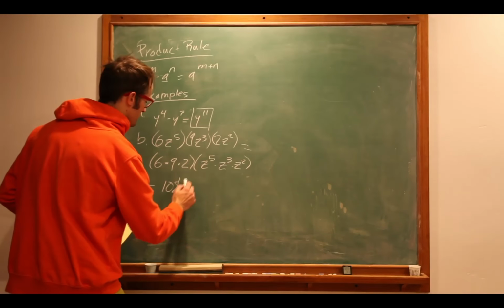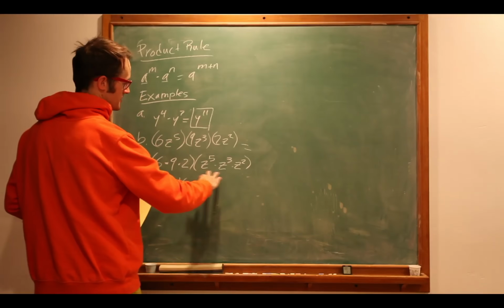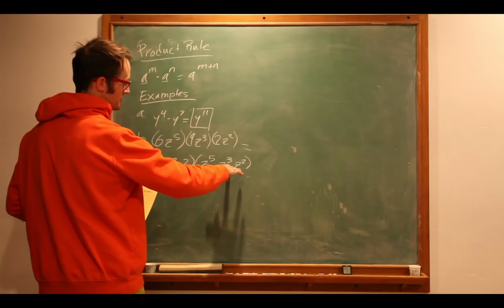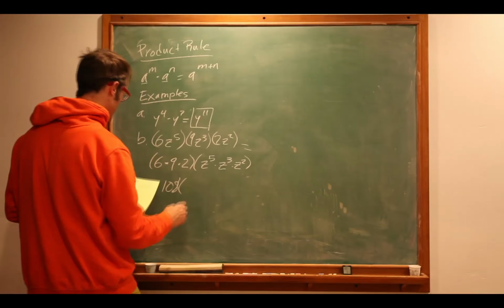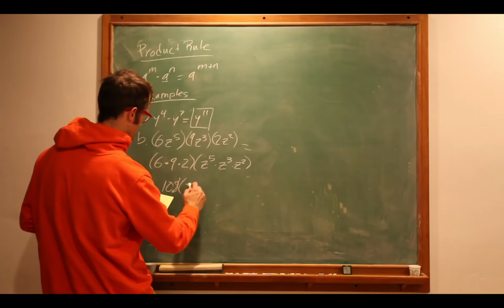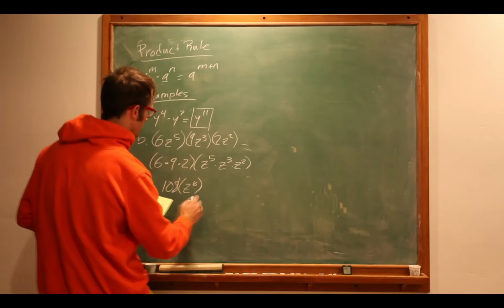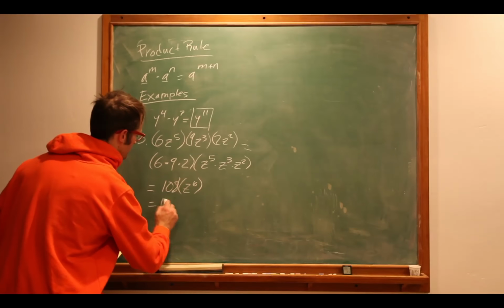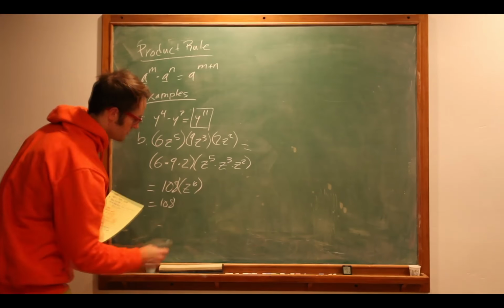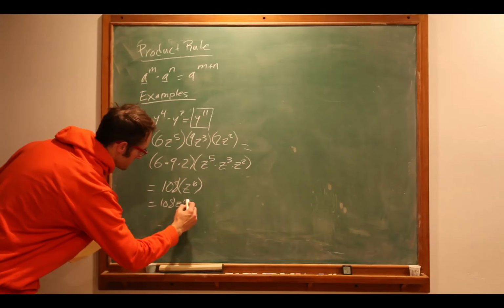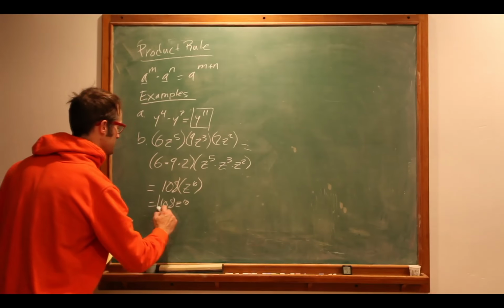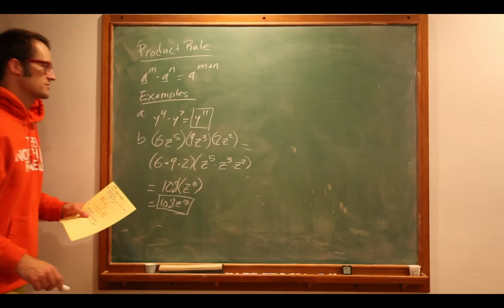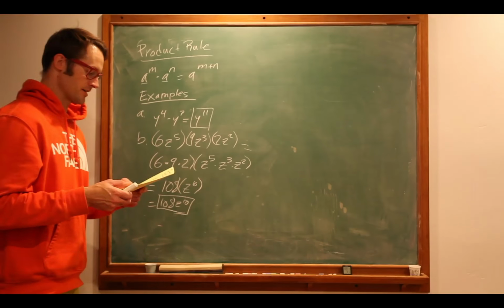And for z, 5 plus 3 is 8, plus 2 is 10. So you have z to the 10th, and in simplified form it's 108z to the 10th. So those are some examples for the product rule.